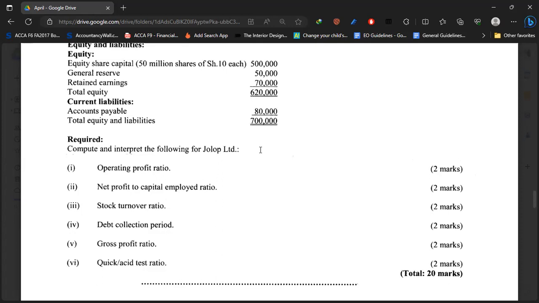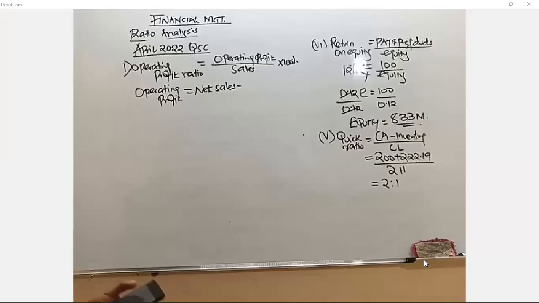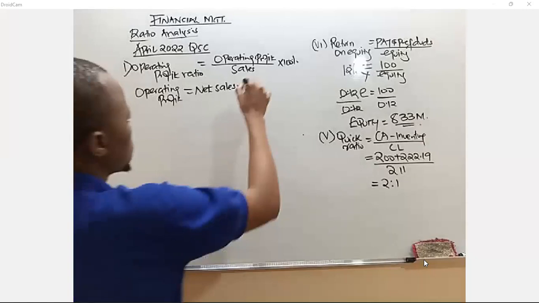But you will realize that the examiner has not given you the operating profit. So if he has not given it, what am I supposed to do? I should take my net sales and subtract the total operating cost.